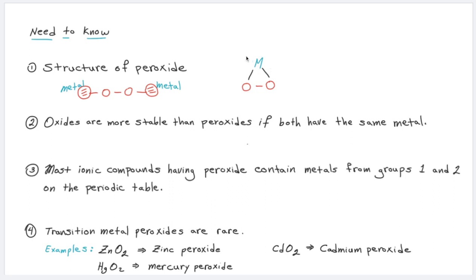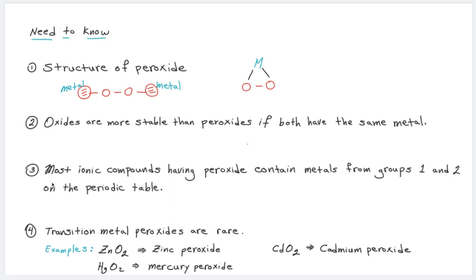So this is another possibility. We need to know this. Something else that we should know is that oxides are more stable than peroxides when both have the same metal. So if both have the same metal and we want to know which one is more stable, the oxide is more stable.